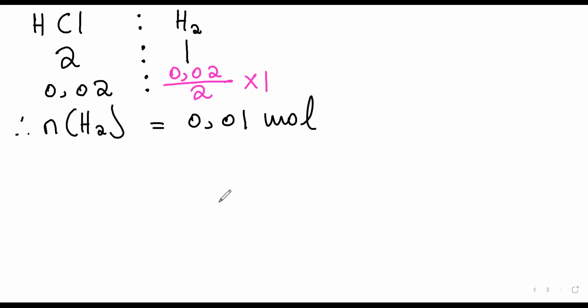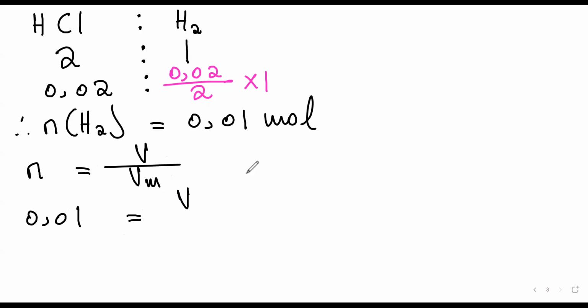Now that we know the moles, it's very easy to find the volume, because the number of moles equals volume divided by the molar gas volume. So we have 0.01 set equal to V over 24, since our molar volume is given as 24.